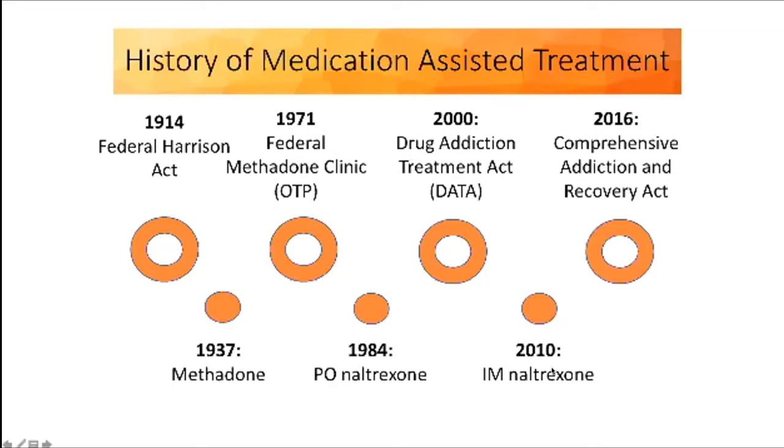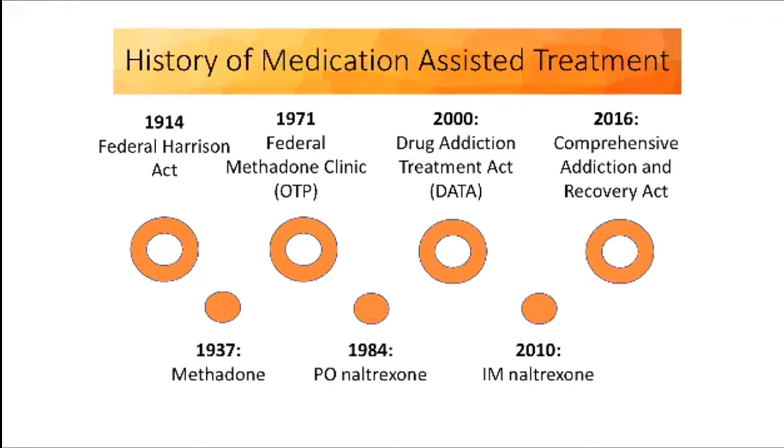In 2010, IM naltrexone was FDA approved for the treatment of opioid use disorder. And then in 2016, the CARA Act, Comprehensive Addiction and Recovery Act, expanded the prescribing privilege to nurse practitioners and physician assistants and increased the physician-patient limit up to 275.